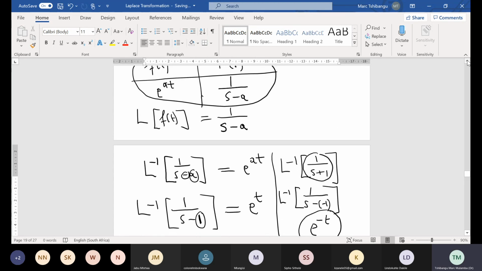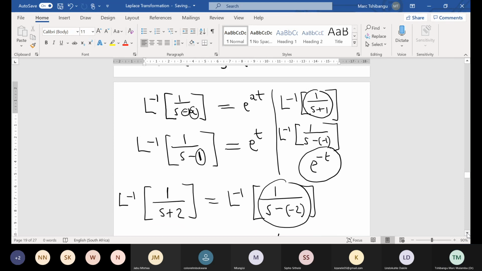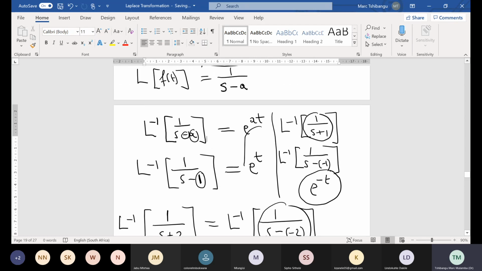According to our table, we've got 1 over s minus a, which is equal to e to the power of at. When you have s minus 1, you're going to end up with e to the power of t, which is correct.